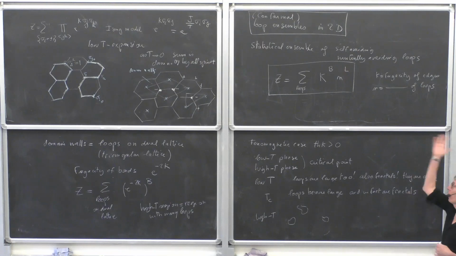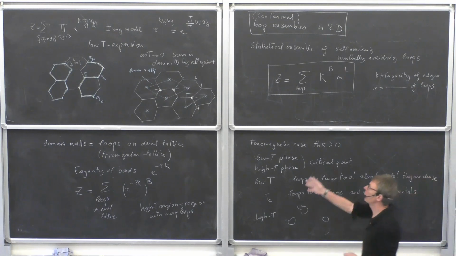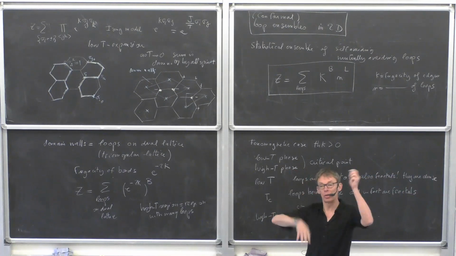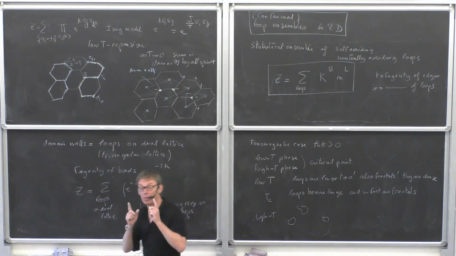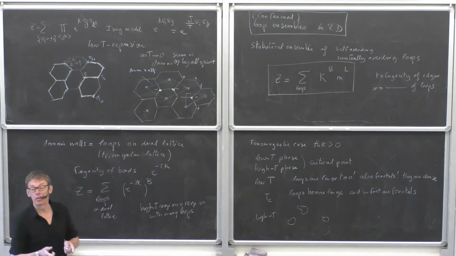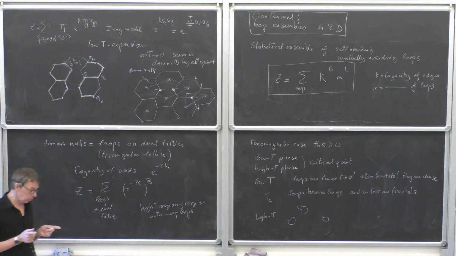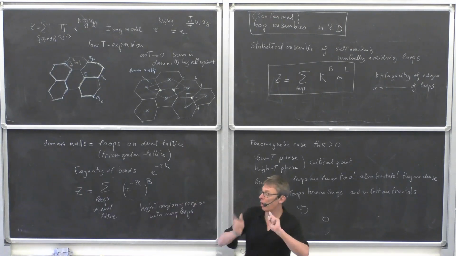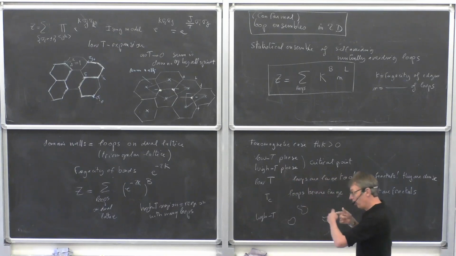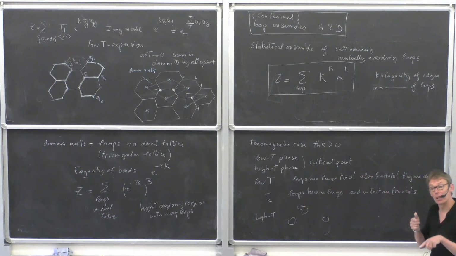The very large temperature region is completely trivial. All the spins are up and down independently. It doesn't mean that the statistics of domains is trivial. In fact, the statistics of domains in a high temperature region is highly non-trivial, because even if the spins are up or down randomly, domains can still have a very complicated shape.